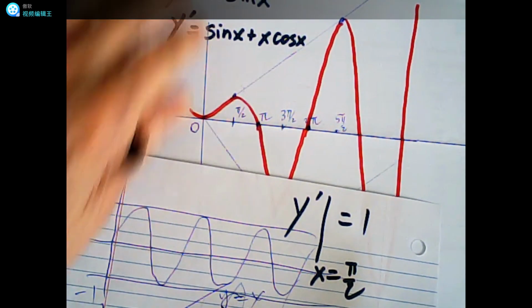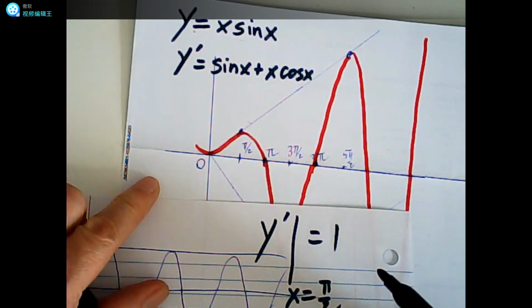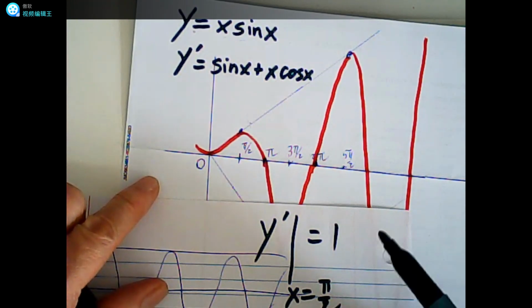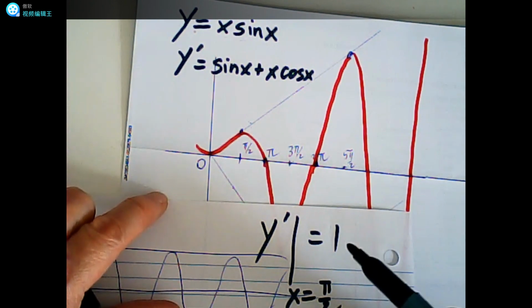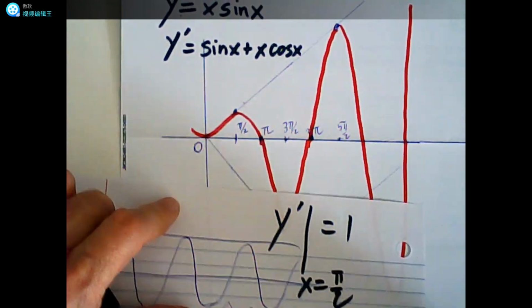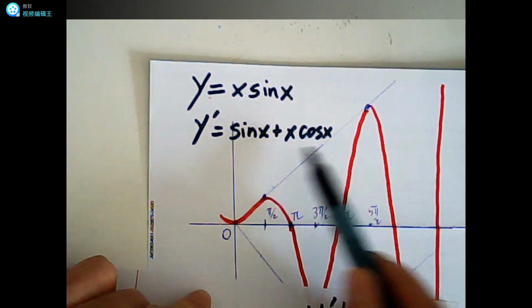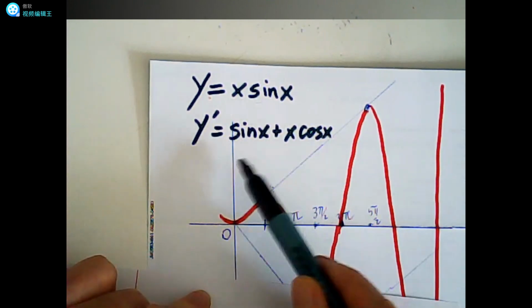Well, do you find that interesting? We are thinking that at the maximum point of the function, the slope of the tangent line should be 0, right? But here it's not 0. This is the derivative of y with respect to x.